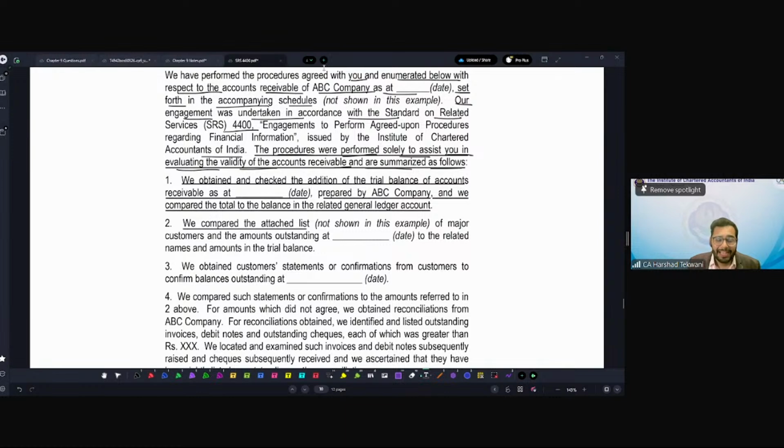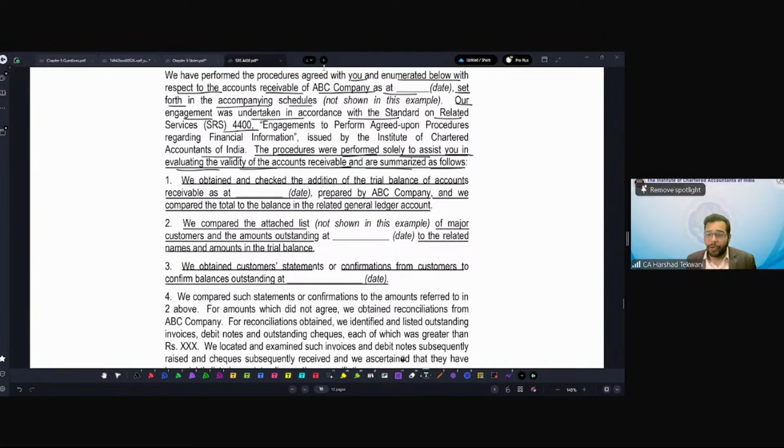We compare the attached list of major customers and amounts outstanding at this date to the names and amounts in the trial balance. We obtain customer statements or confirmations from the customers to confirm the balance outstanding.